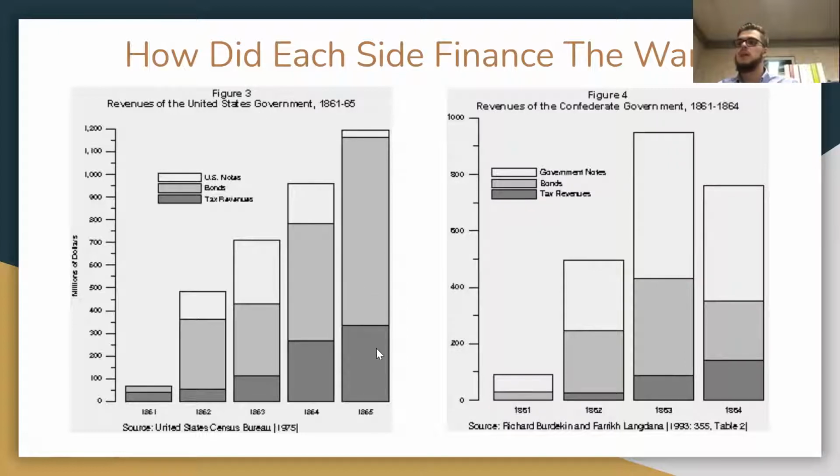Most of it was through bonds and tax revenue. And in the beginning of the war, it is only bonds and revenue, no notes. And the only part where U.S. notes picked up in speed was during 1863 for the most part, and it dies down by 1864.